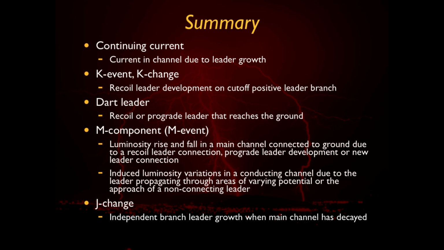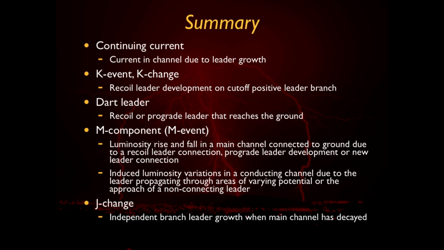It was believed, and in fact you'll see in the literature, continuing current is defined as a quasi-stationary arc between cloud charge and the ground. And based on our observations, we don't really feel that there's anything stationary about it. It's simply the current that results from a leader as it continues to grow.